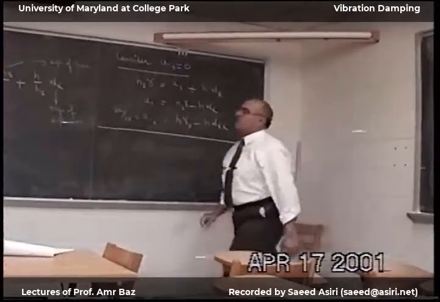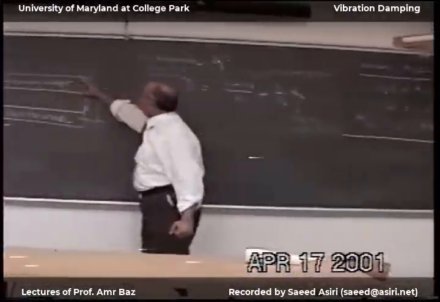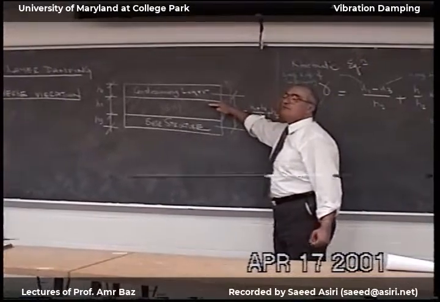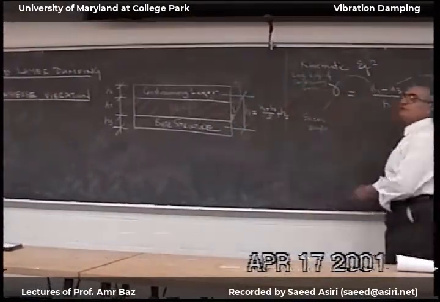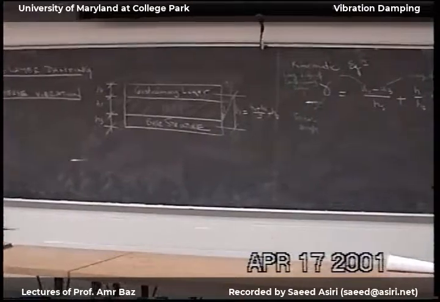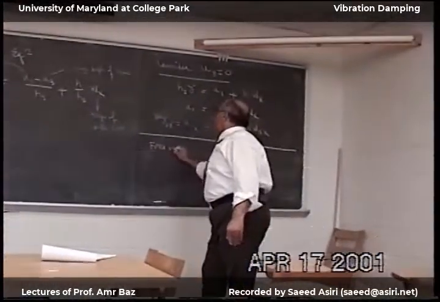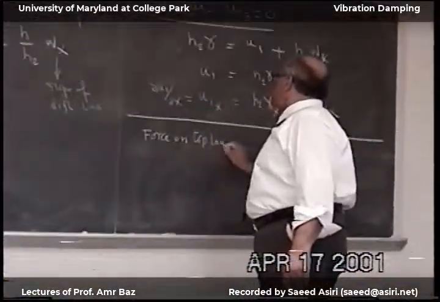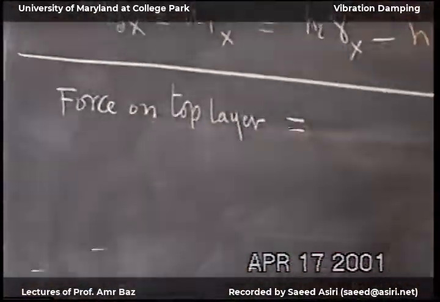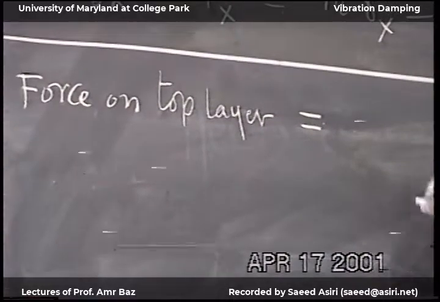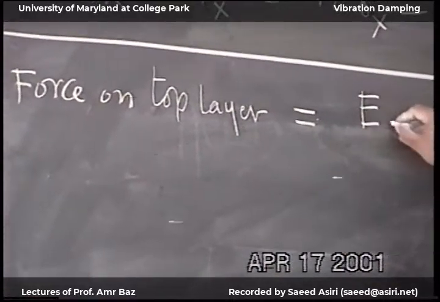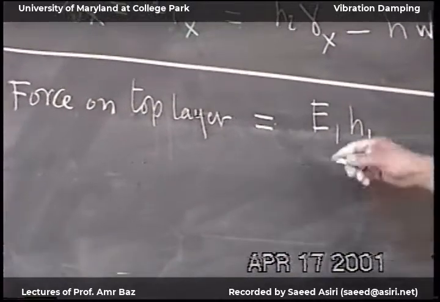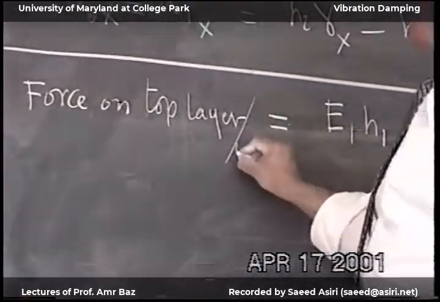Now, we can also look at forces generated to do this extension and the resistance that comes from the shear of the viscoelastic material. So now the force on the top layer will equal E1 H1 times the width, and I'm going to do this force per unit width.